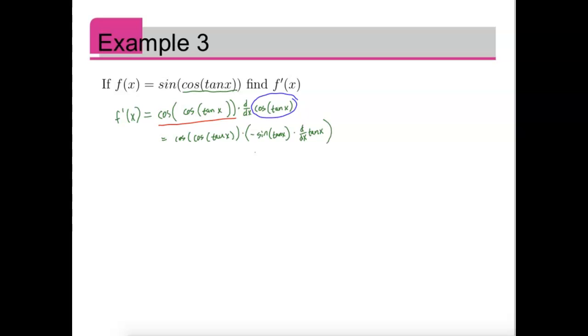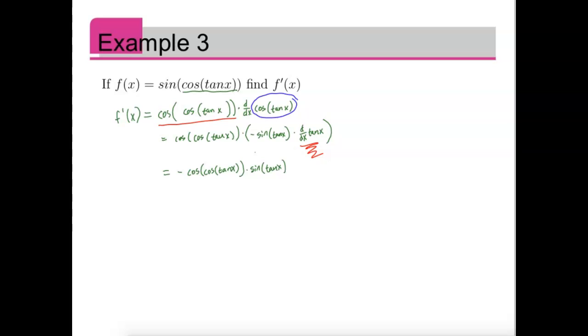All right, so you can kind of see how that Leibniz operator is just sort of making its way through the chain, right? And now we're finally on the last piece of this, because we don't have a composite function anymore. You guys remember the derivative of tangent? We proved it last week. Good, secant squared.